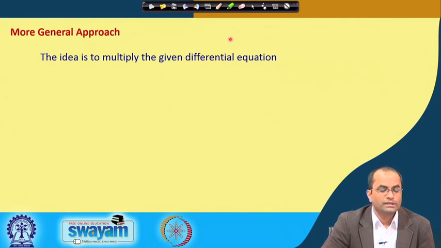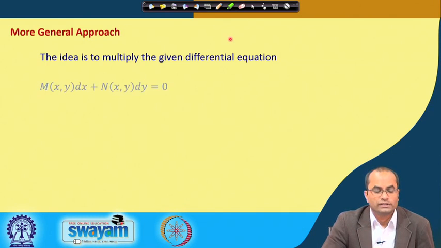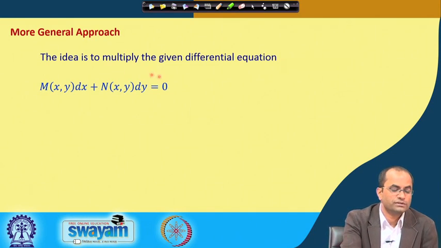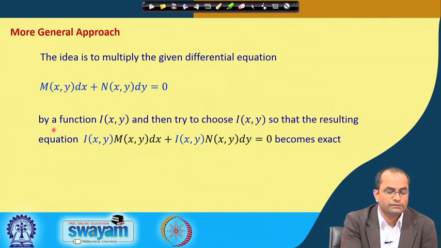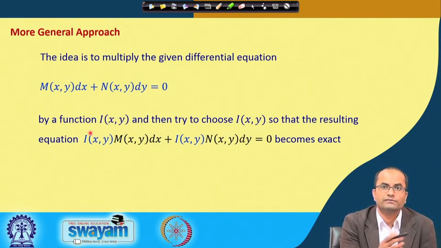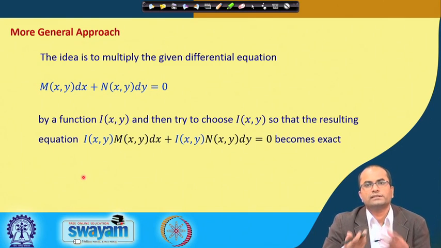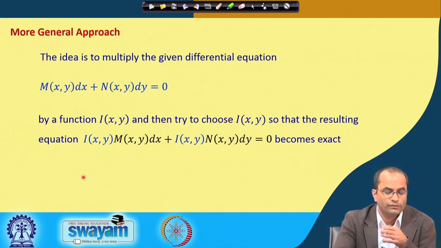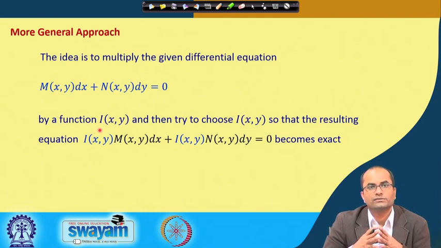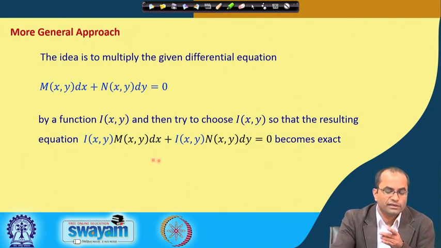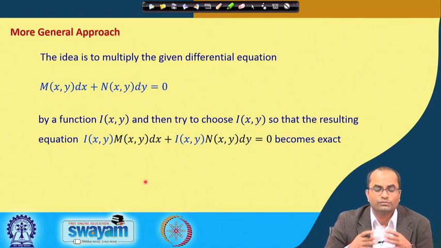The idea is to multiply the given differential equation, which is not exact, by a function I(x, y), which we call the integrating factor, and choose this I so that the equation, after multiplying the given differential equation by I, becomes exact. That is the idea of the integrating factor: we are looking for such a function I(x, y) that, when multiplied to the given differential equation, makes it an exact differential equation.